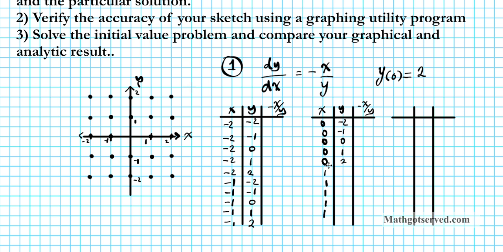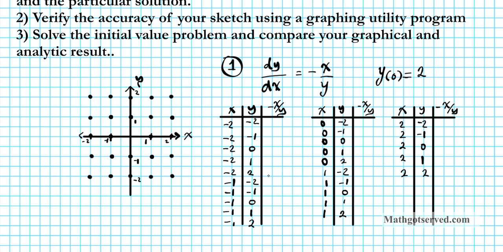Same story here. And for the last line, x is 2, with y doing the same behavior: -2, -1, 0, 1, 2. All right, so that's the easy part. Now the work is in calculating the value of the slope.